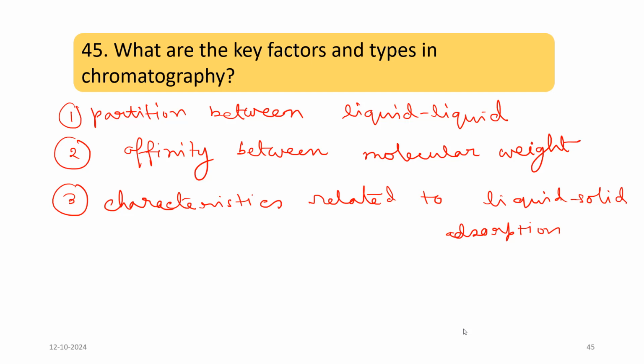There are many, like liquid column chromatography, ion exchange chromatography, gel permeation chromatography, affinity chromatography, paper chromatography, thin layer chromatography, gas chromatography, dye ligand chromatography, hydrophobic interaction chromatography, pseudo affinity chromatography, high pressure liquid chromatography, HPLC.